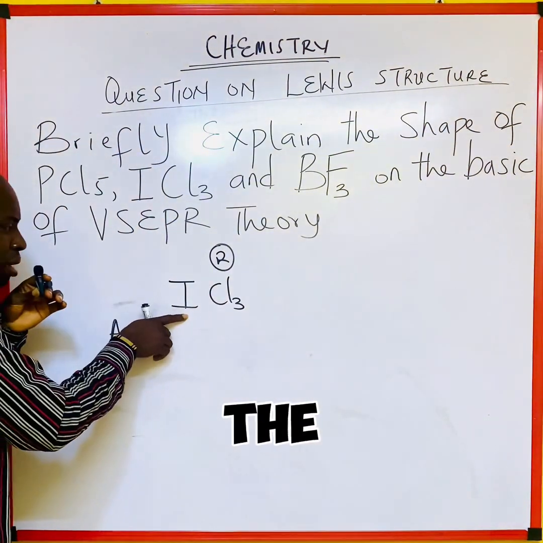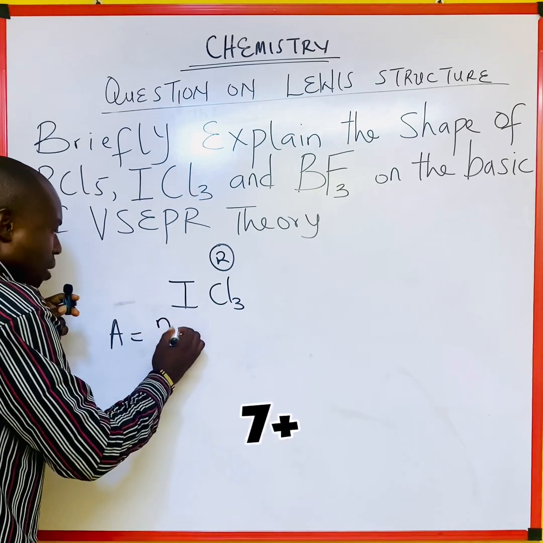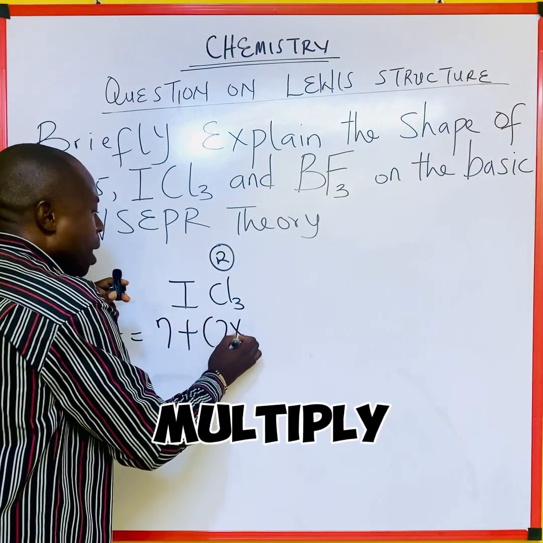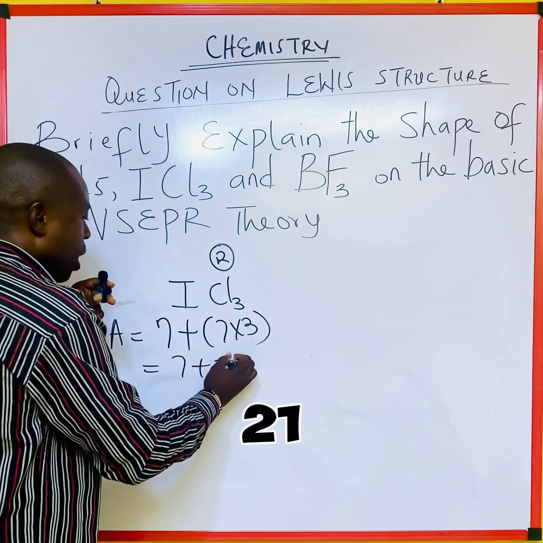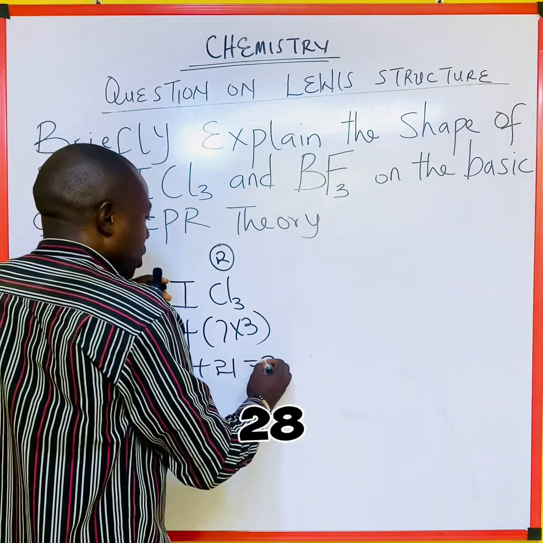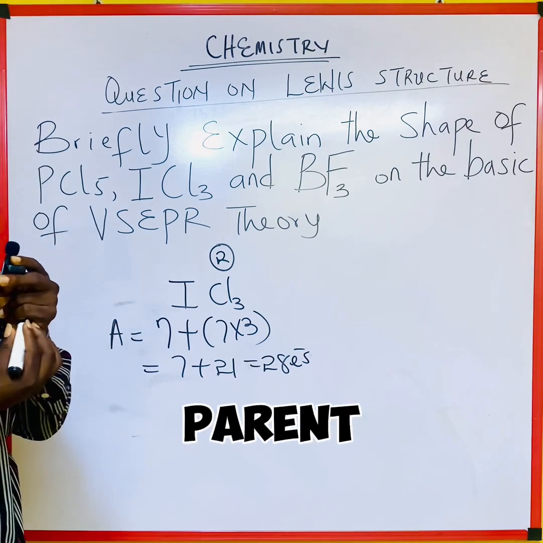The valence electron for iodine is from group 7, plus chlorine is also group 7. So 7 multiplied by 3 is 21, and 7 plus 21 gives me 28 electrons.